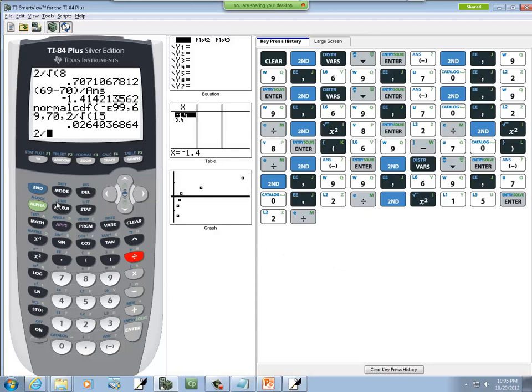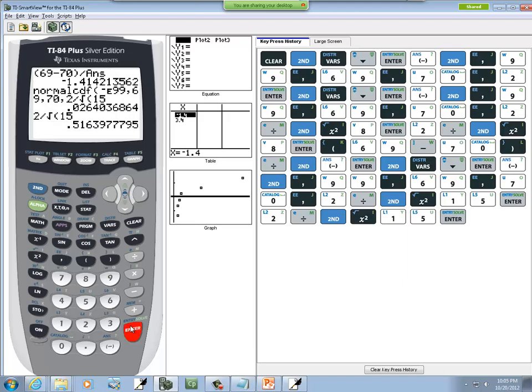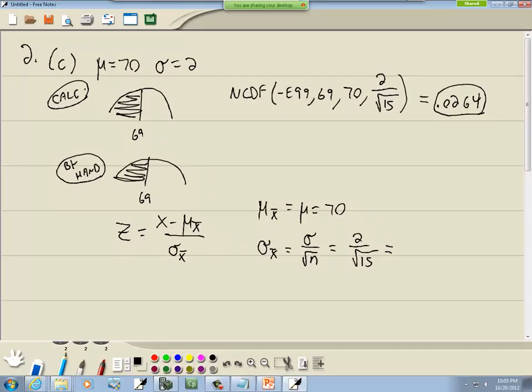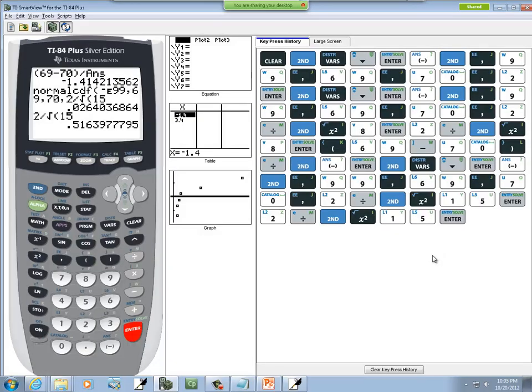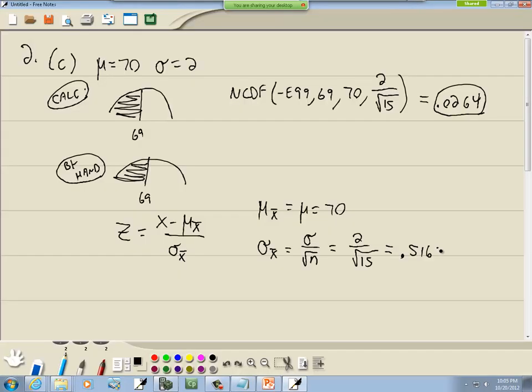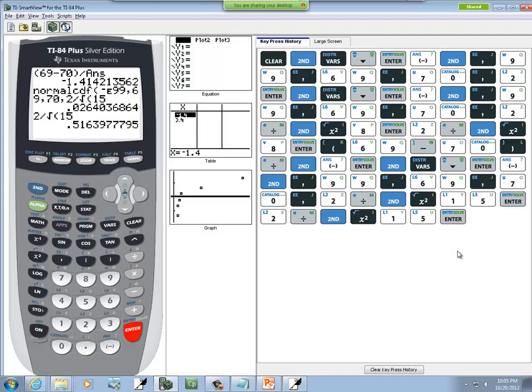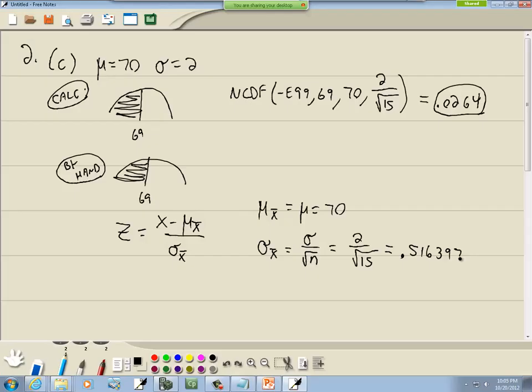So 2 divided by second x squared, 15, enter. And we get 0.5163995.